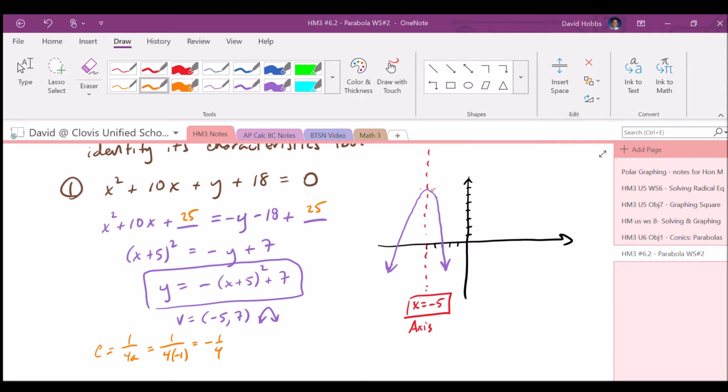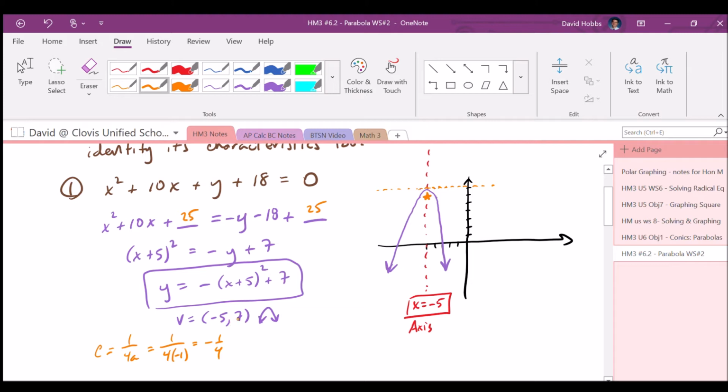Remember, the focus is always on the inside of the parabola, and the directrix is always on the outside of the parabola, and it's perpendicular to the axis of symmetry. It's not necessarily exactly to scale here. Now my focus: I just went down a 4th from the vertex. So what changed?